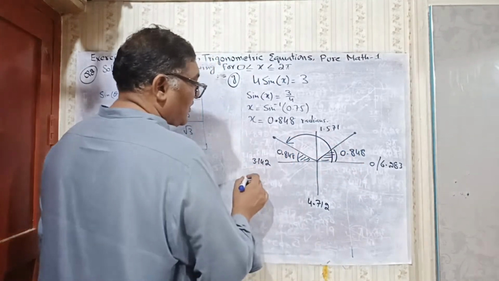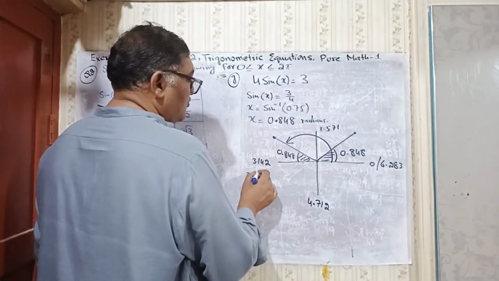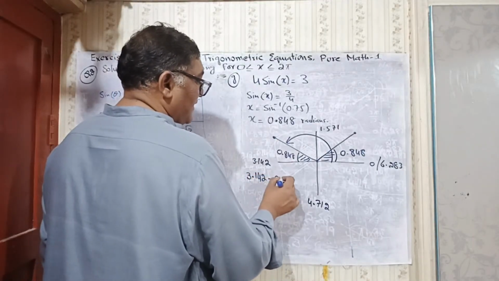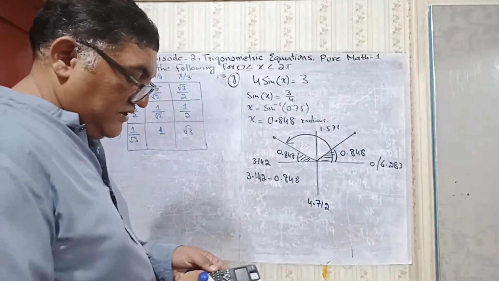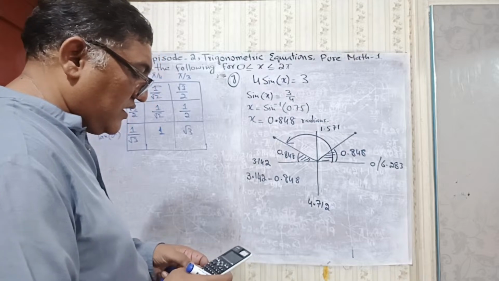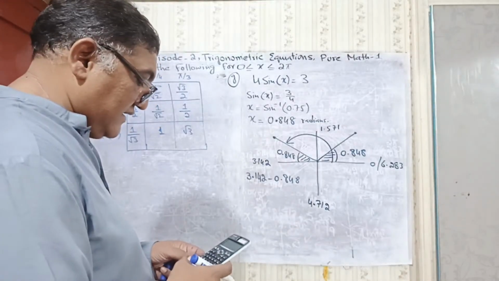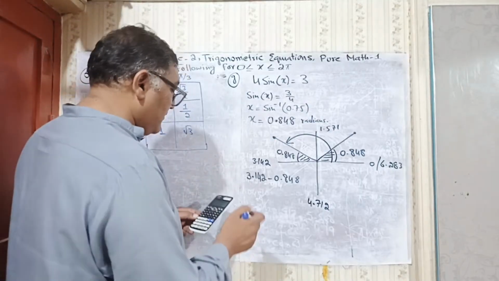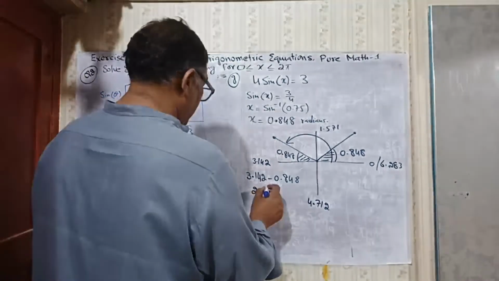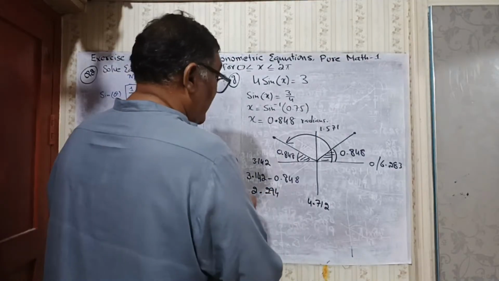So let me first of all find this angle. It will be 3.142 minus the base angle, 3.142 minus 0.848, so that will be 2.294 radians.